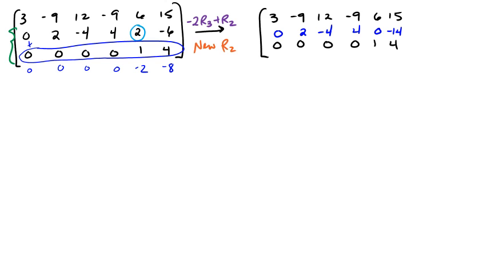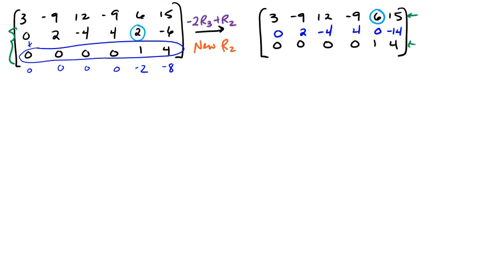Okay, excellent. Now what I want is for this to be a 0. So what I can do is focus on these 2 rows, this one and this one, and make that become a 0.